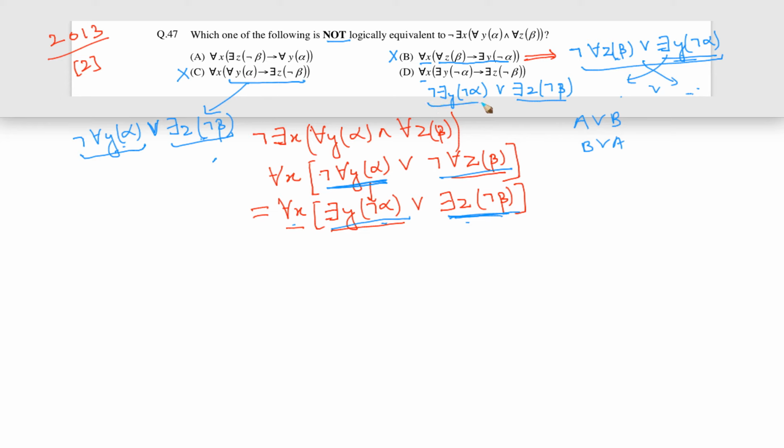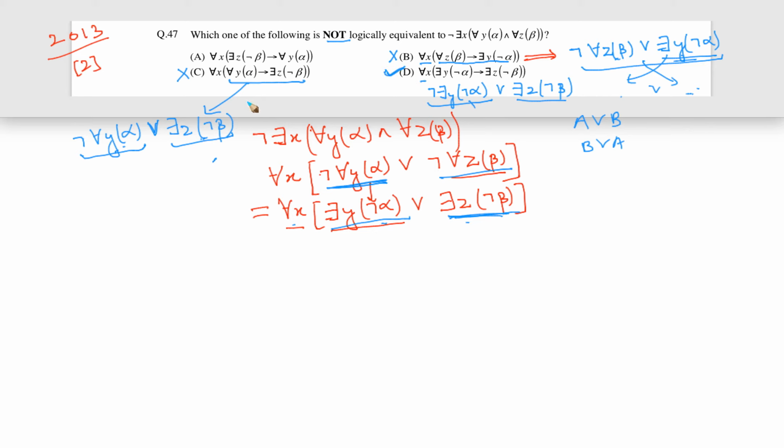What about this? If I convert this, it is not of there exists. It should be not of for all, but it is not of there exists. Even if I move it inside, it will be for all of y alpha, but here for all of y it should be not. So definitely this thing is not matching, and that's why this thing is not equivalent. So this is our answer.